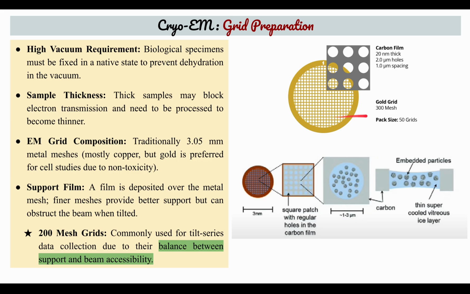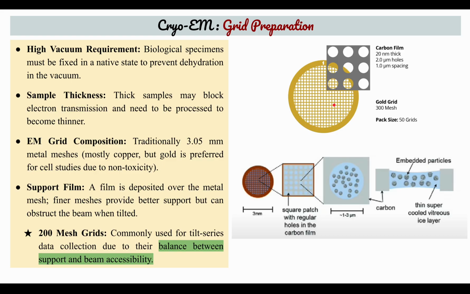This particular structure is known as mesh. Like a filter, it can hold your sample, and the sample is generally put in a carbon film. So you keep this carbon film on the gold grid which has the mesh.